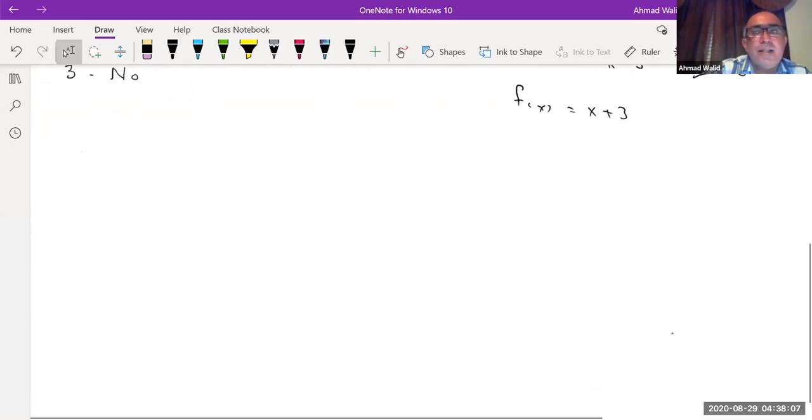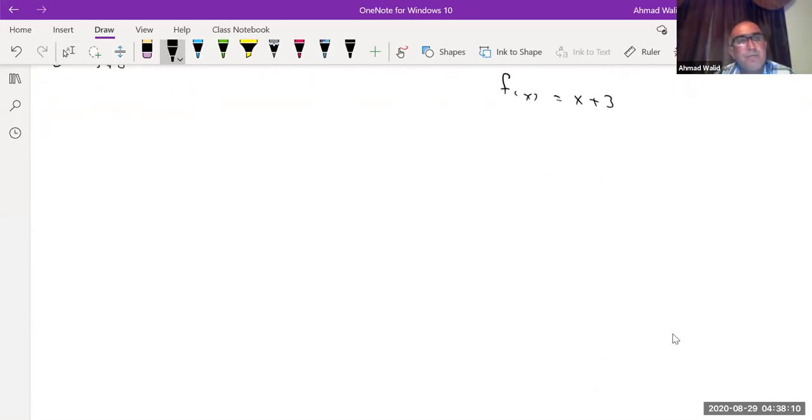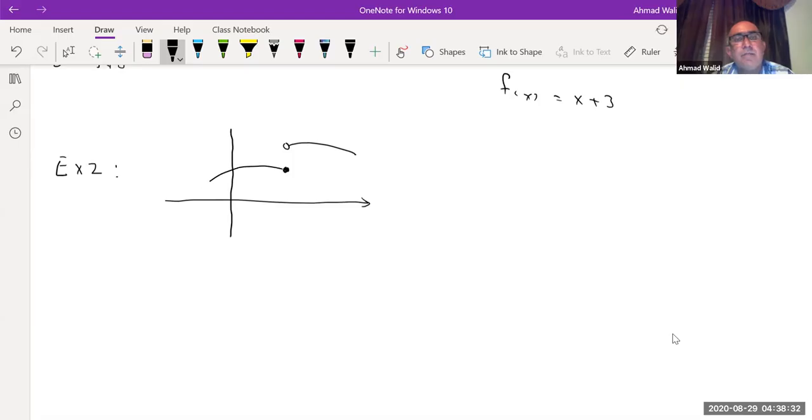Let me do another example, example number 2. Tonight, I'll use easy shapes. I know only this curve. This is point A. Again, our 3 conditions.